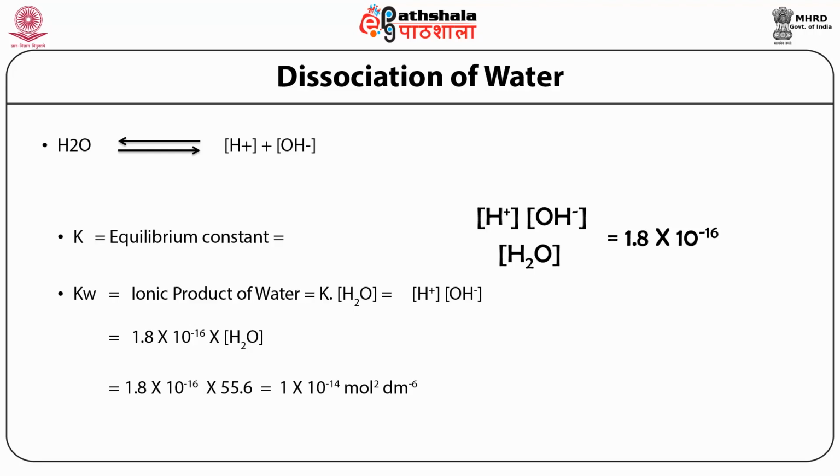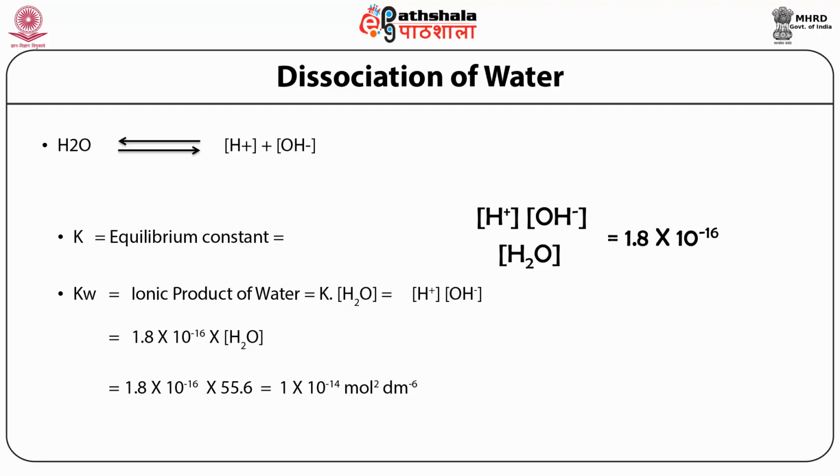A very small fraction of the water exists in the dissociated form, and the ionic product of water, that is equal to H ion into OH ion, is equal to 1.8 into 10 to the power minus 16 multiplied by the water concentration in undissociated form, or equal to the total water concentration.